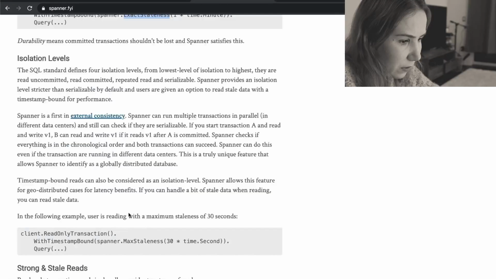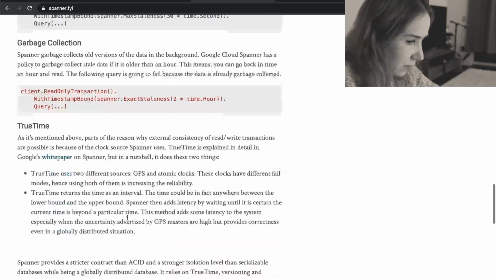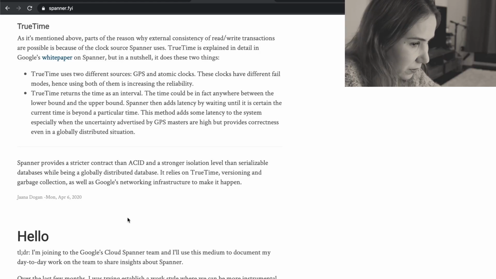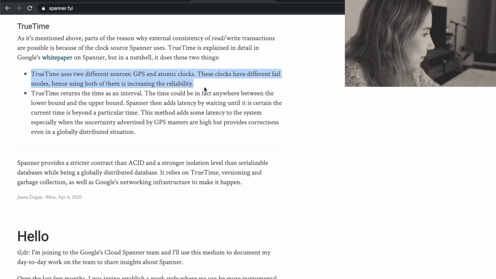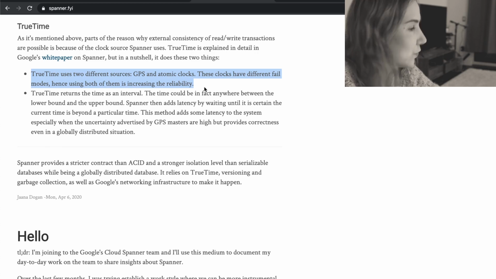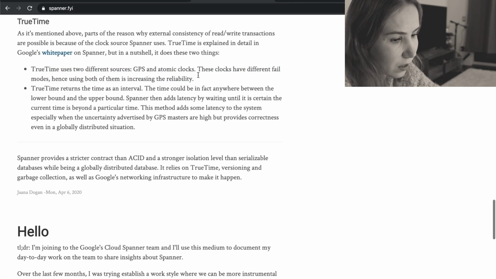But in my article, I also summarized it in very simple terms. So TrueTime is interesting because it uses two different clock sources. There are GPS and atomic clocks, and these are failing for different reasons. That's why it relies on two different sources.